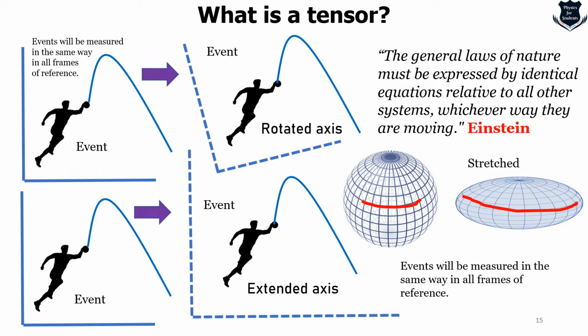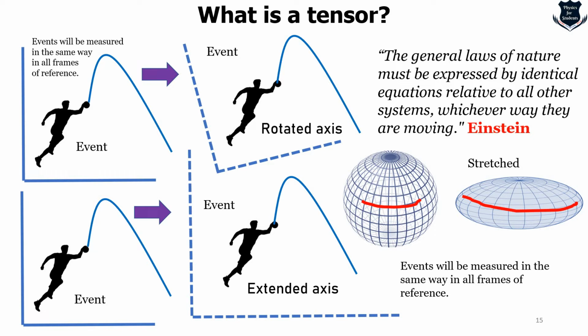That means whatever happens with the coordinates, the laws of nature should be expressed by identical equations irrespective of the way the coordinates are moving. And that is why Einstein strived and ultimately was successful in finding a covariant theory of gravity, where things are moving in accordance with the measurement.